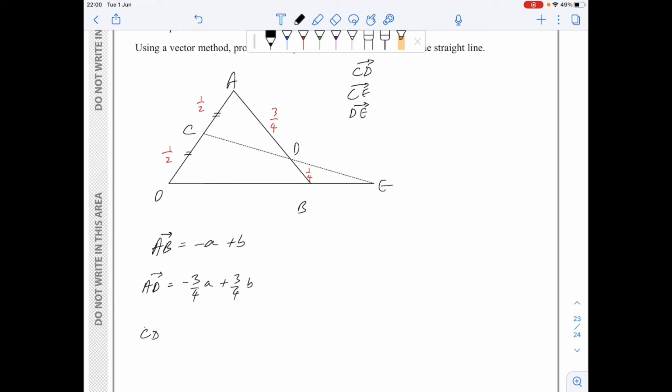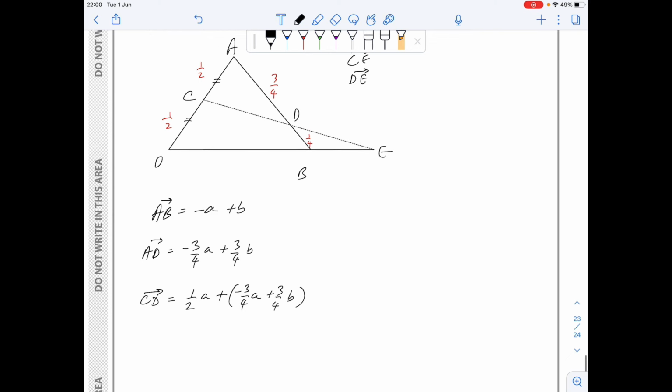So CD is equal to CA, which is half of a, plus AD, which is -3/4 of a + 3/4 of b, and this simplifies to -1/4 of a + 3/4 of b.